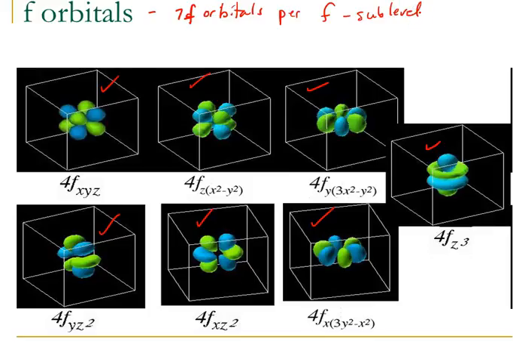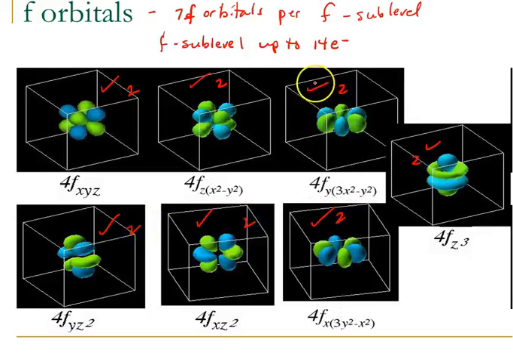And again, since all of them hold 2, then the entire f sublevel holds up to 14 electrons. So 2 times 7, 14 electrons. These are found in energy level 4 and higher.